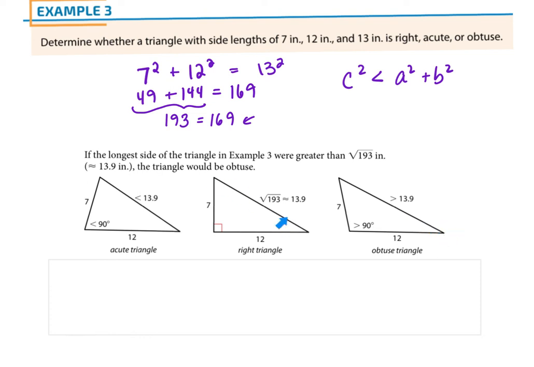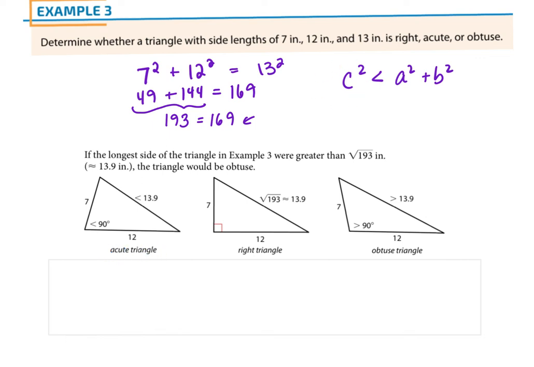So a right angle side is exactly the square root of 193, or 13.9. All right, that would be a perfect right triangle. We know he is not, okay? If this side is smaller than that 13.9, which ours is, that's exactly 13. That means this angle has to go in some to make this smaller. So this is not a 90-degree angle, which means this is an acute triangle, all right?